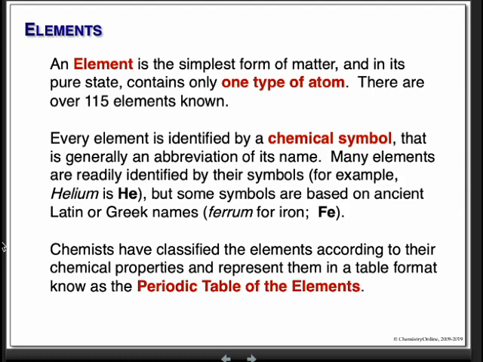Many elements have symbols that reflect their name very nicely, but many of them don't. For example here, iron, instead of being IR or something like that, is Fe for ferrum, the old Latin or Greek names.